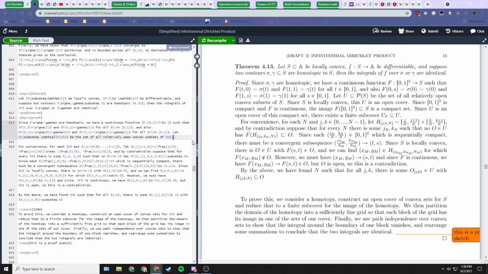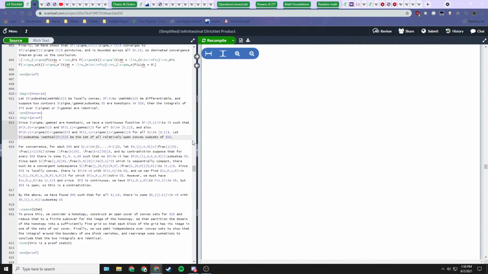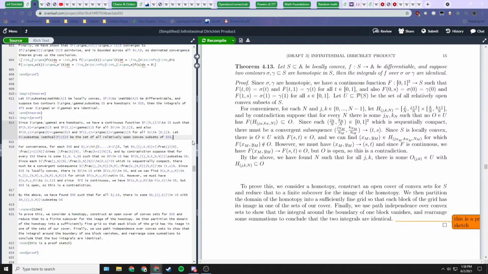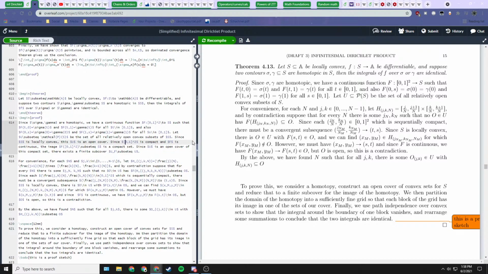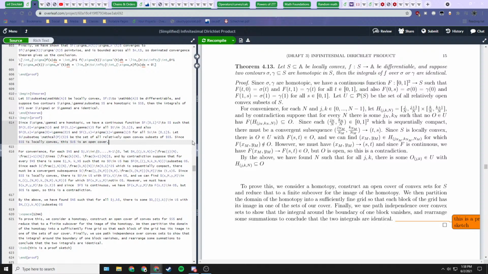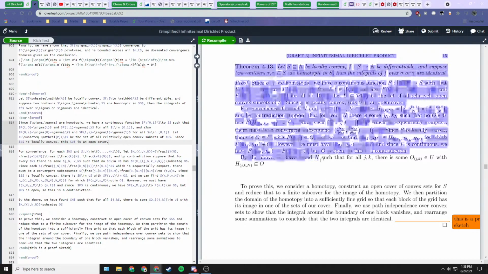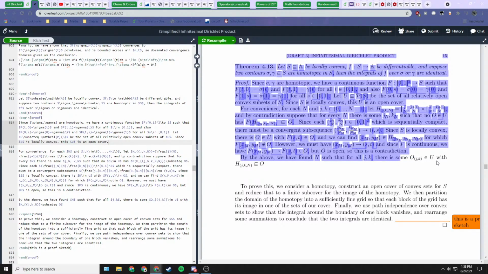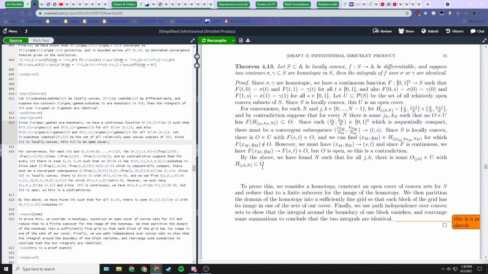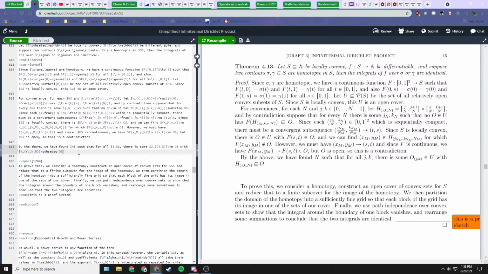Actually we didn't need that other premise. Okay, so we've constructed all these. So by construction we found n such that for all j,k there's some O with this tile H_jkn a subset of O.